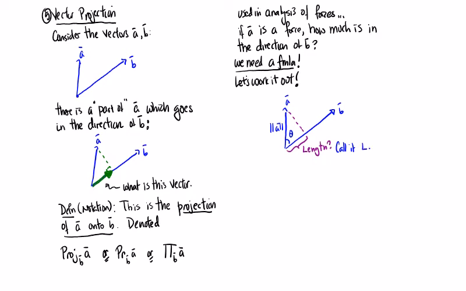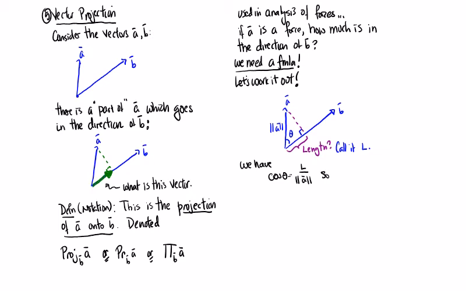For now. If you look at that right triangle, it's a right triangle because of this angle, you automatically think of cosine, because the cosine is the adjacent over the hypotenuse. So we have the cosine of theta is the adjacent, which is L, over the hypotenuse.